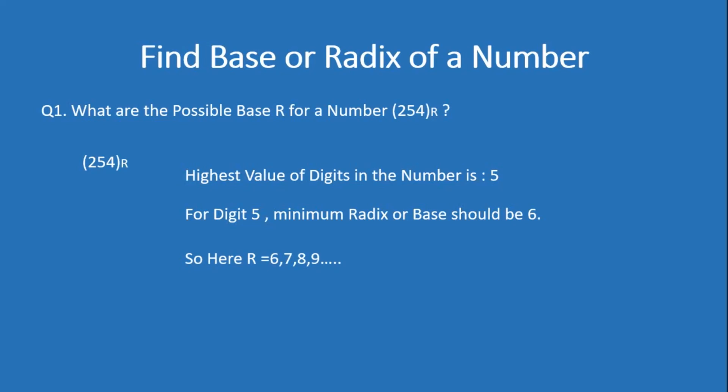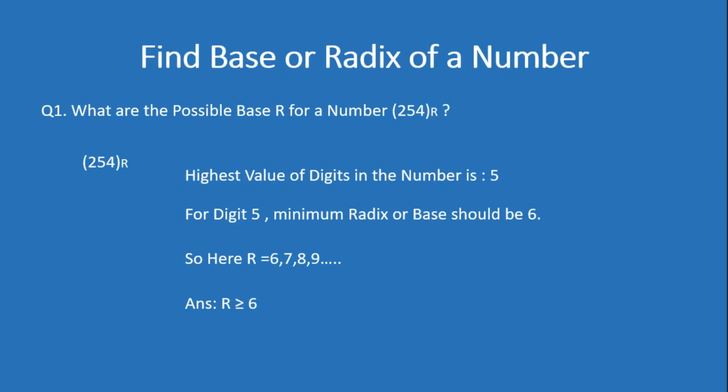From here we can conclude that the possible value of base r should be greater than or equal to 6. So it can be 6 or it can be greater than 6. So this is the answer for this question.